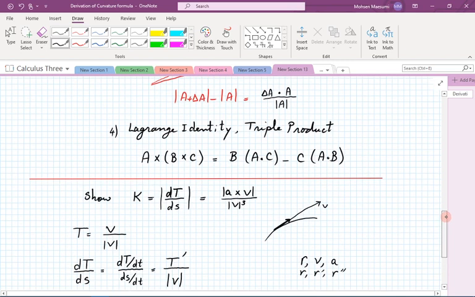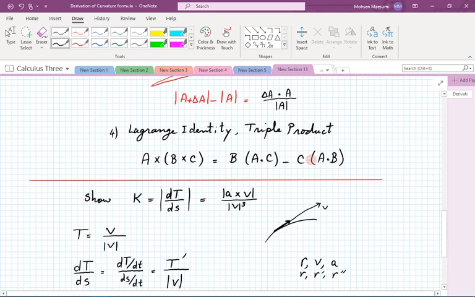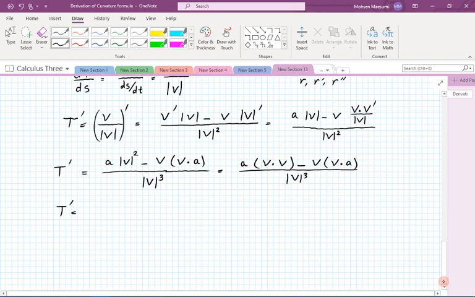Next identity to use here is this Lagrange identity. I can write the numerator that I have, by comparing against this, so that it will turn into a triple product. So I'll let you cross these two and notice that T prime is v cross a cross v divided by |v| cubed.